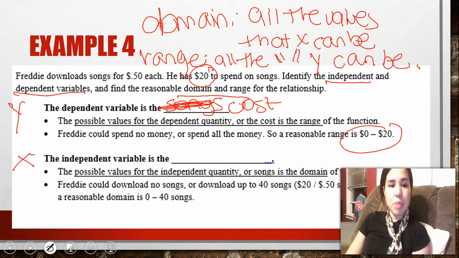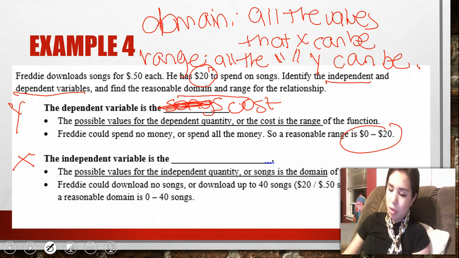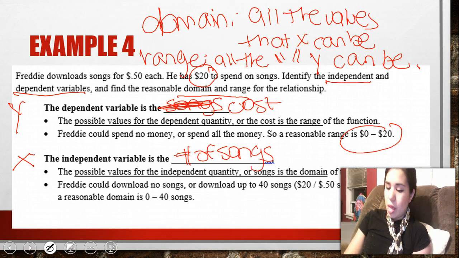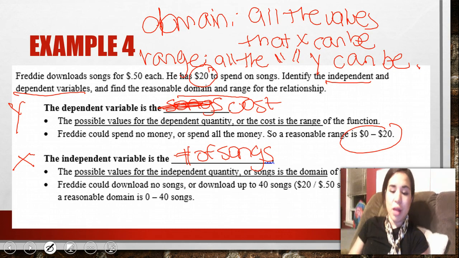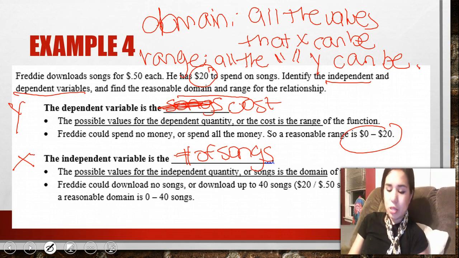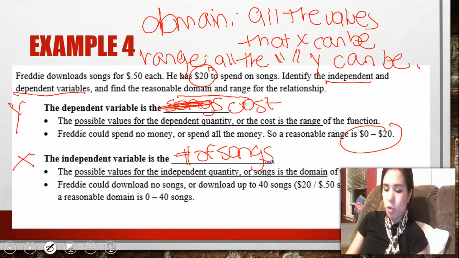Now the independent variable is the number of songs that he can buy. And to figure out a reasonable domain, or what values x can be, we would need to do a little bit of math. Because if it's 50 cents for each song and he only has $20, then he can only buy 40 songs if he uses up all his money.